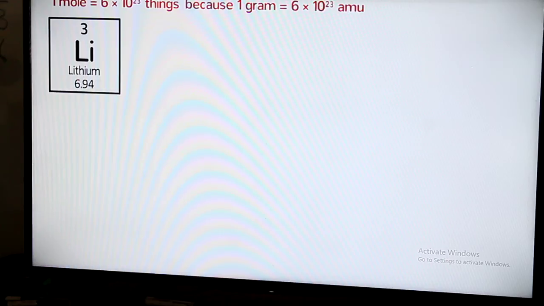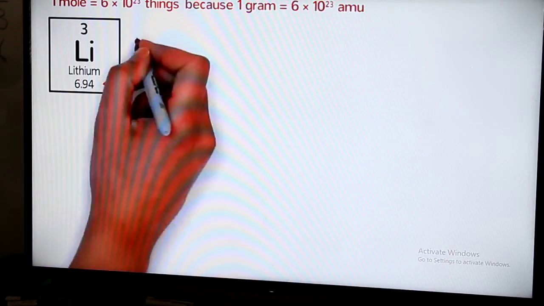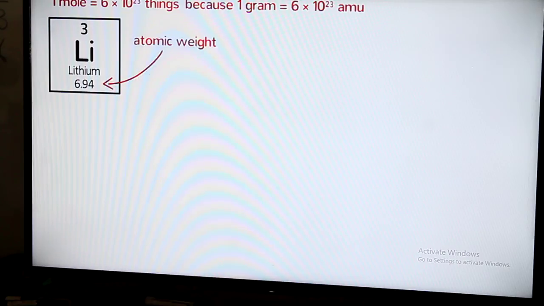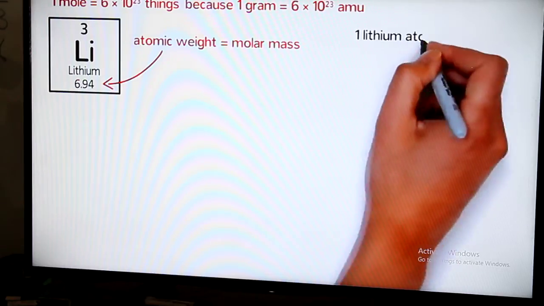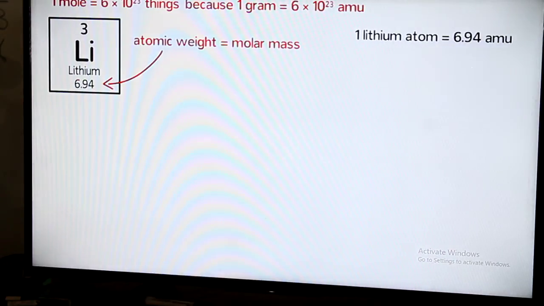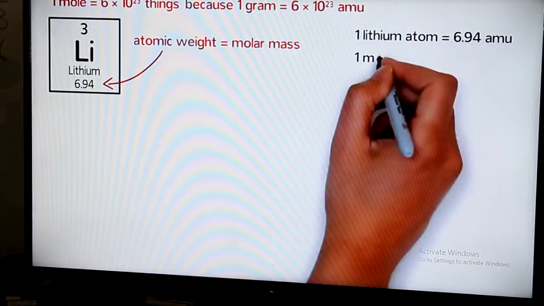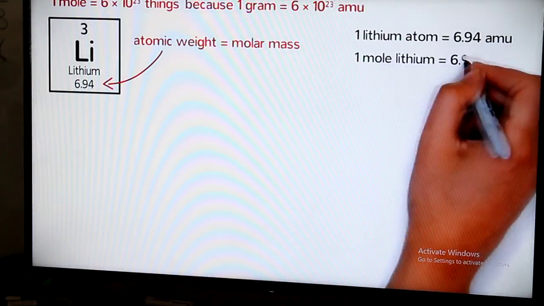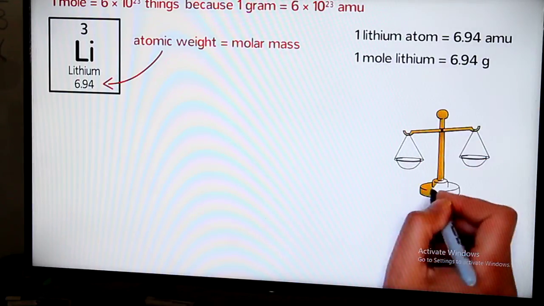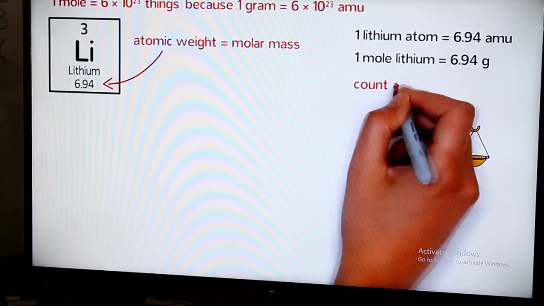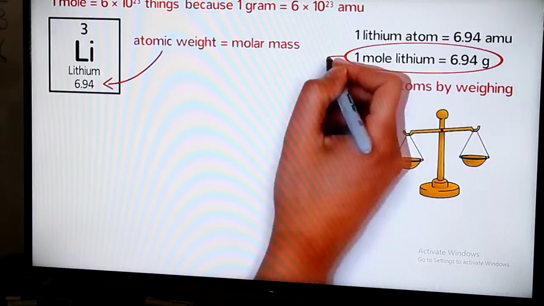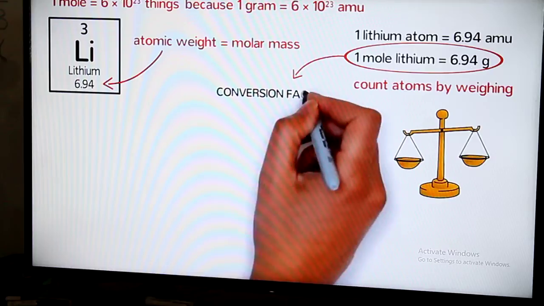On the bottom of the square, you should see the number 6.94. This is the atomic weight of lithium, but it is also the molar mass of lithium. So 1 lithium atom has an average mass of 6.94 AMU, and 1 mole of lithium atoms has a mass of 6.94 grams. That gives us a convenient way to count atoms by weighing them, and the molar mass is the conversion factor between grams and moles.